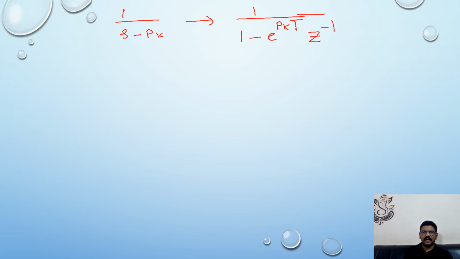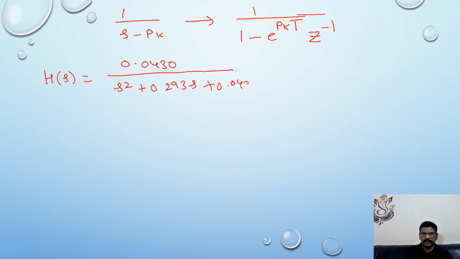So now I have to write my H(s) in terms of the poles. Actual H(s) is 0.0430 by s square plus 0.293s plus 0.0430.